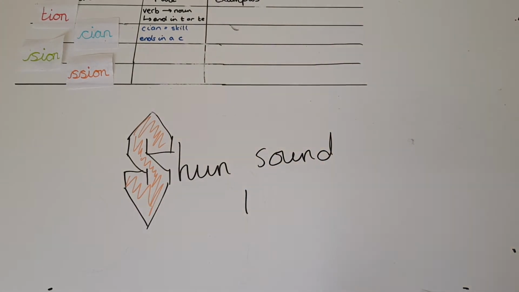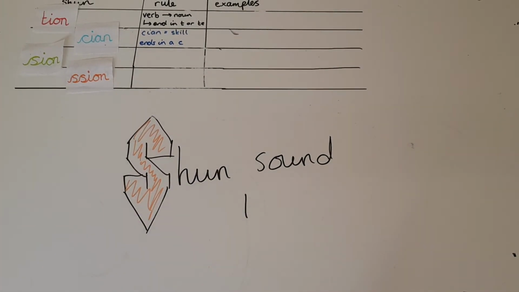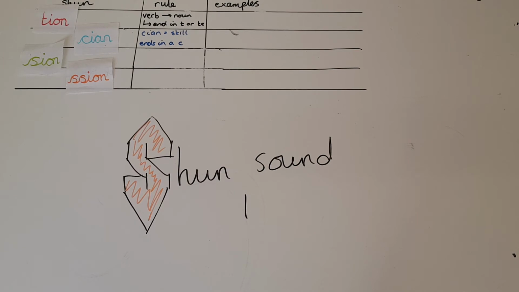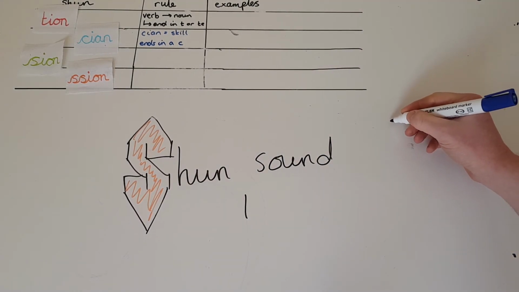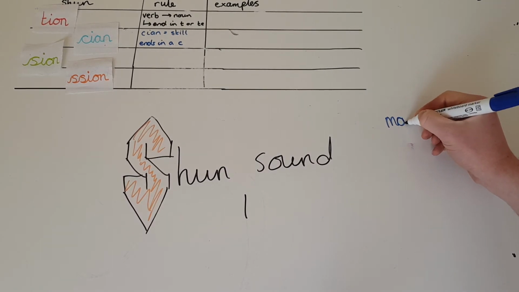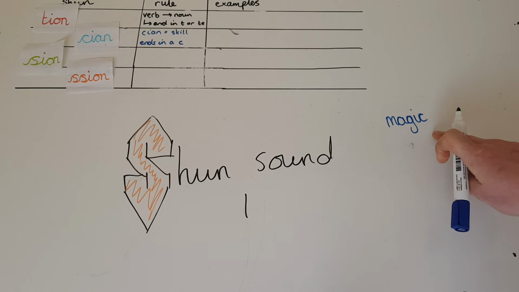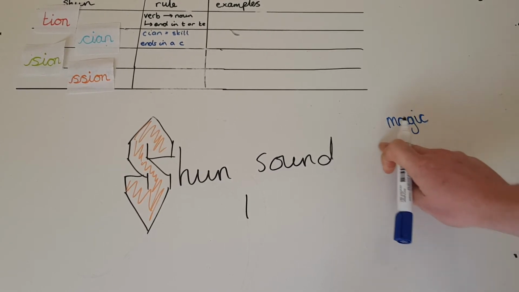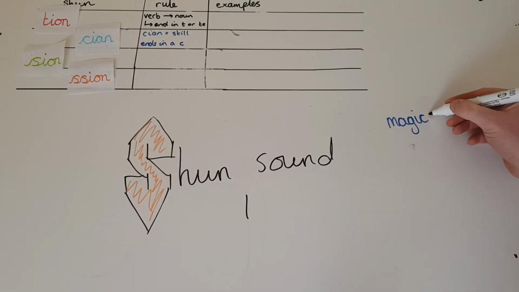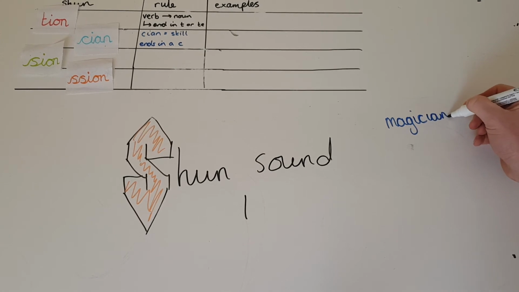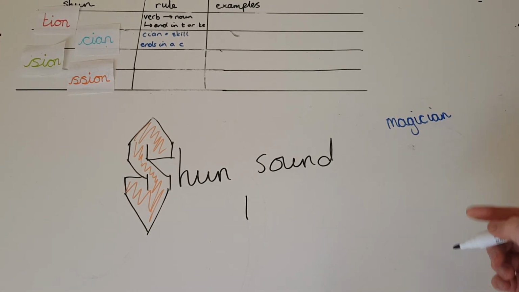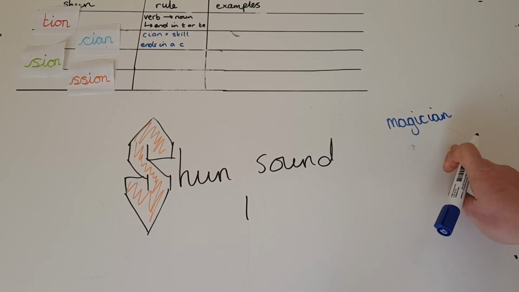If I'm going to use another example, let's use magician. The root word for magician is magic. It is a skill ending in a C, so therefore it will just be IAN on it. Magician.